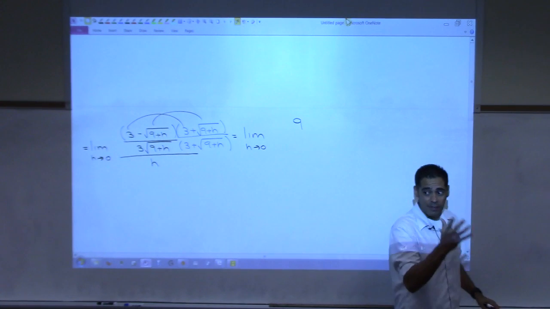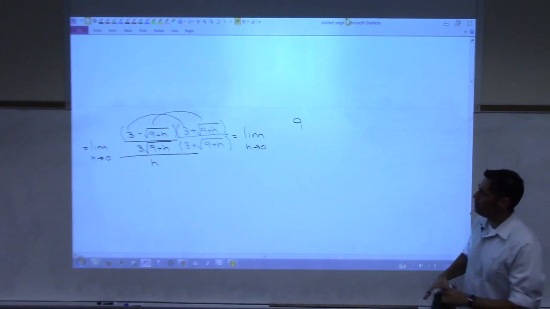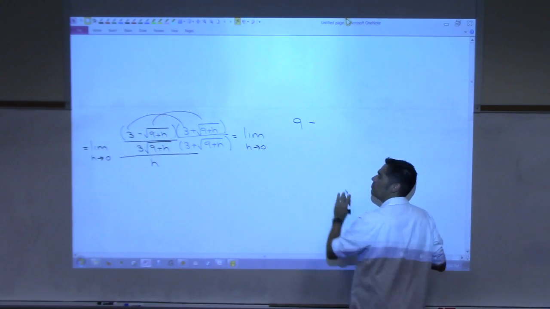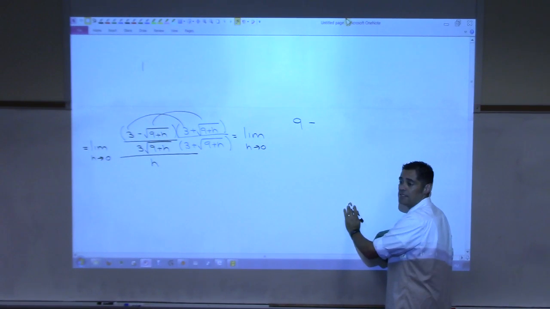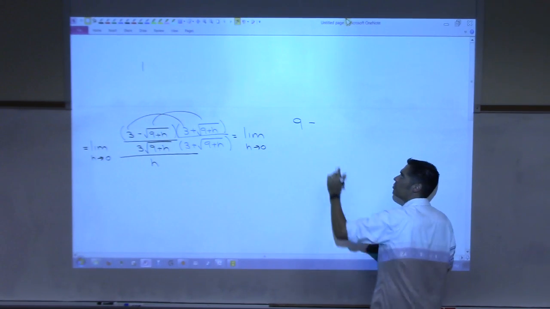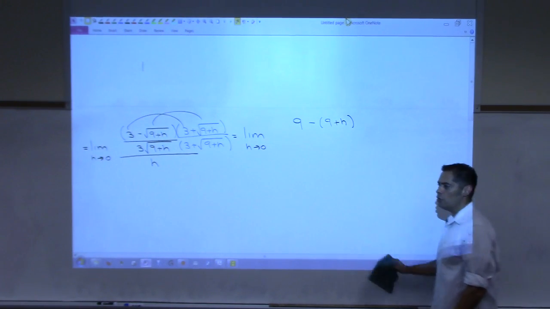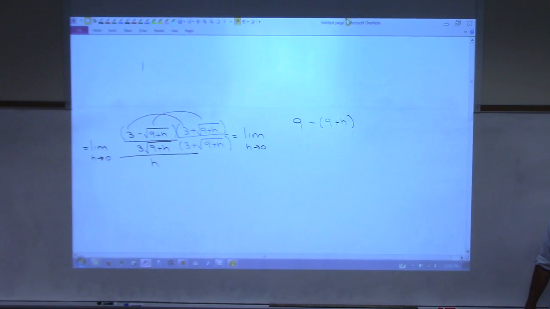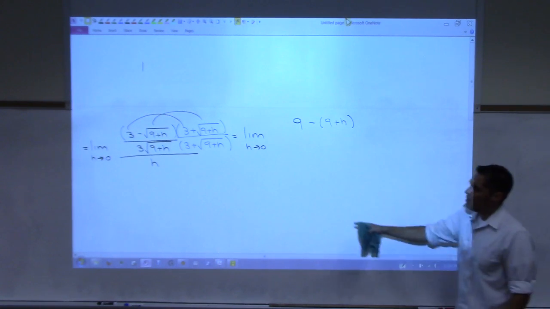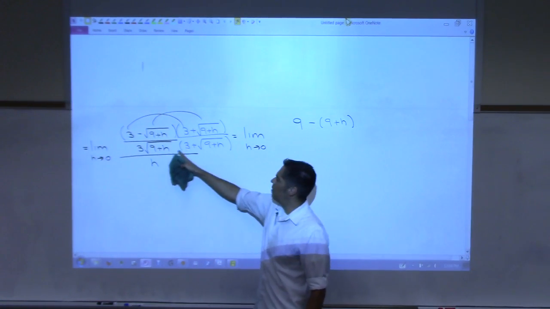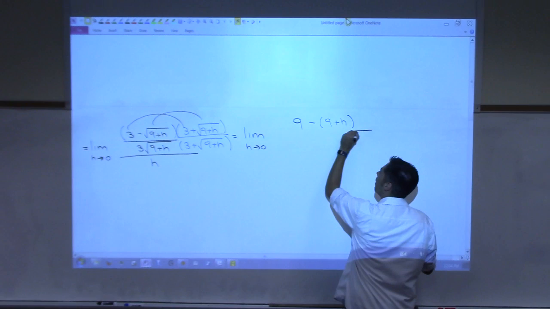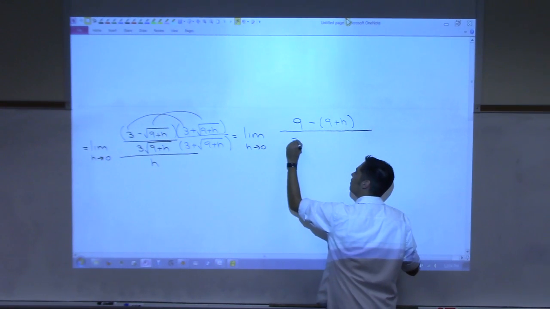So is that going to be positive or negative? Negative. Negative, and then whatever was inside the roots, right? 9 plus h, so we could put it in parentheses, 9 plus h like that. That's the new numerator. What about the denominator below that? What did I tell you about this thing? Leave it alone. Good.